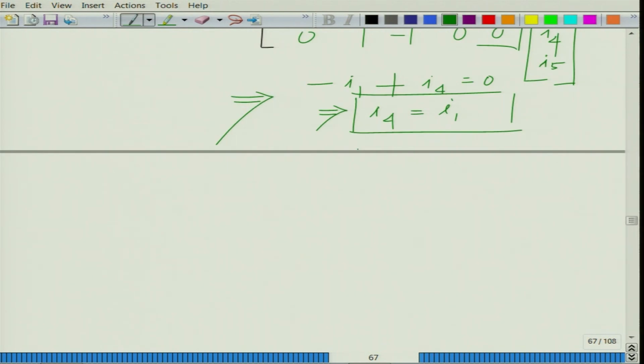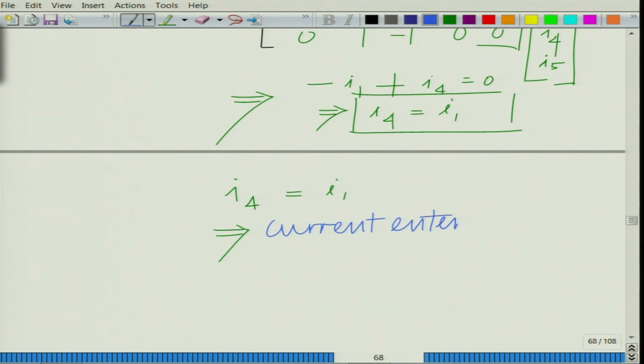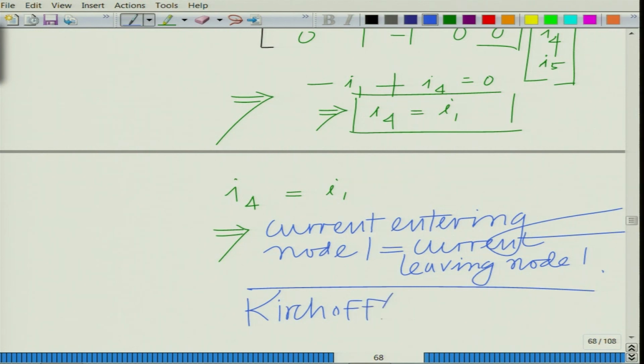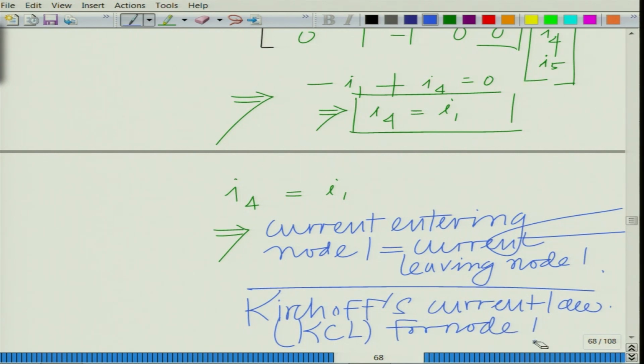This is the Kirchhoff's current law, or KCL, for node 1. That is the interesting point. So, I4 equal to I1 implies current entering node 1 equals current leaving node 1.